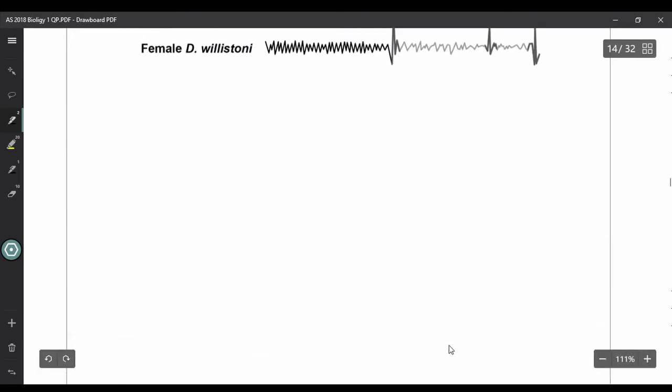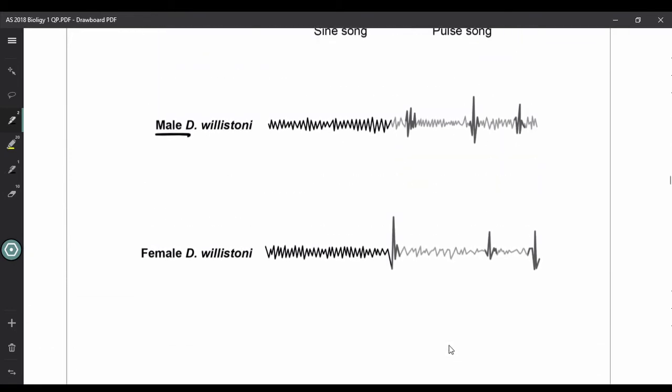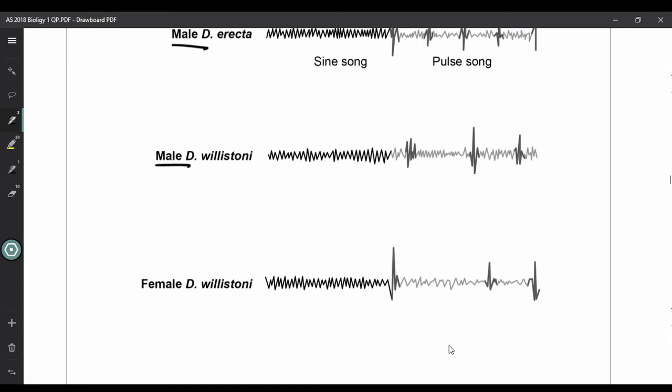So if we look at the male and the females, we can see that the peaks are at different times. So we've got these peaks in the male, the first two are closer together, and then we've got the third.